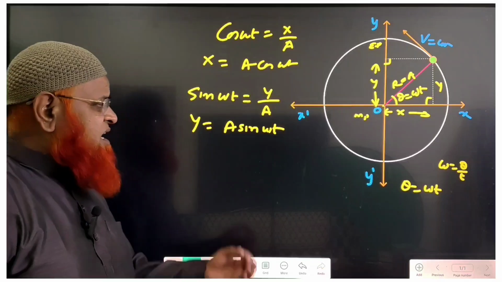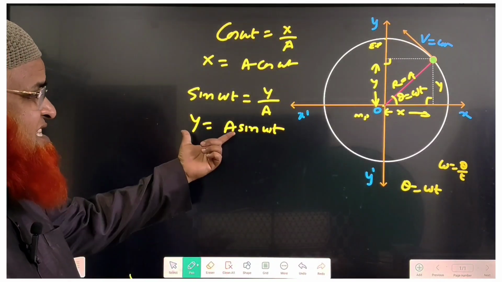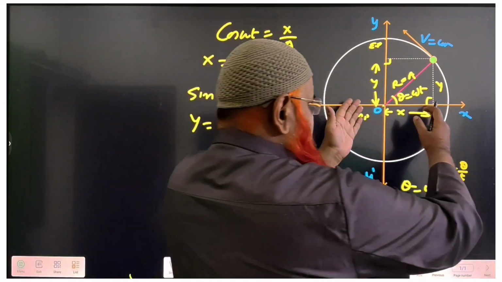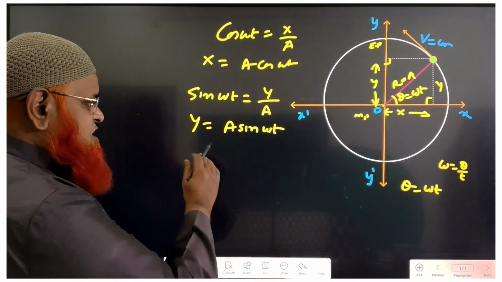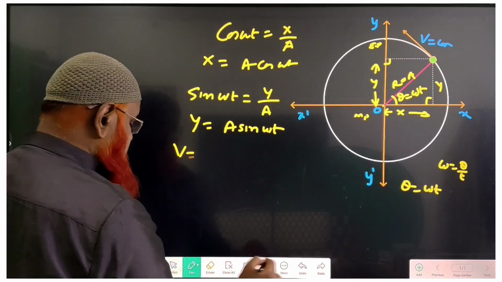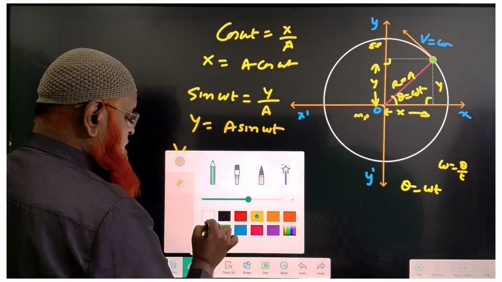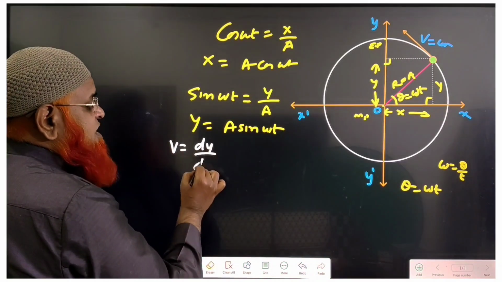Okay. So if y is equal to a sine omega t, we can find out velocity also, because we got displacement along the x-axis and along the y-axis. So displacement along the y-axis, if you consider, we can find out the velocity by just differentiating this. We are going to differentiate the above one, getting velocity here, that is dy by dt.